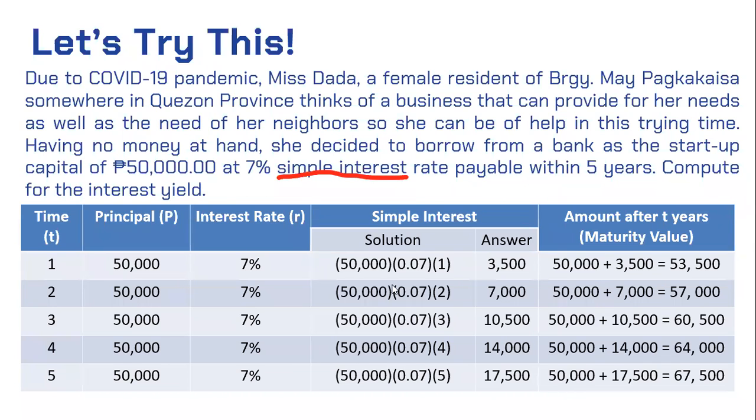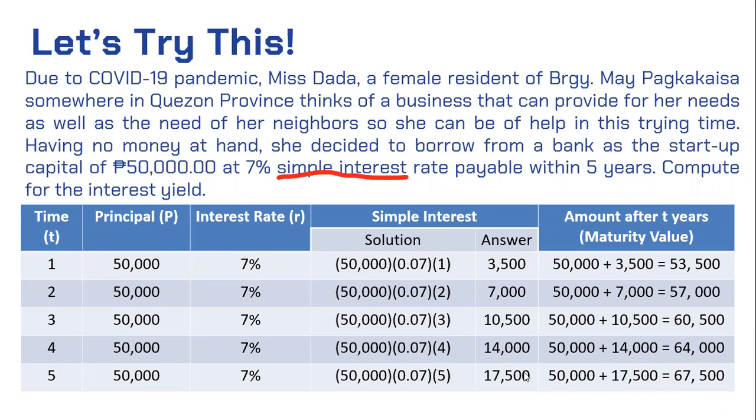During the second year, from the principal pa rin, the time now becomes 2 kasi after 2 years. So, ang babayaran naman niya will be 57,000 na. So, merong na-incur na 7,000 interest. Okay? So, ito po yung pinapakita nung interest nung hiniram niya sa bangko after 5 years na kanyang dinicide na bayaran. So, after 5 years, a total of 67,500 ang kailangan niyang bayaran sa bangko.